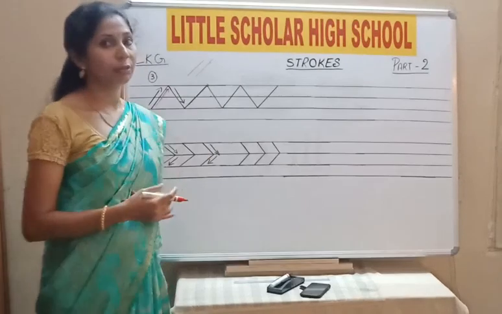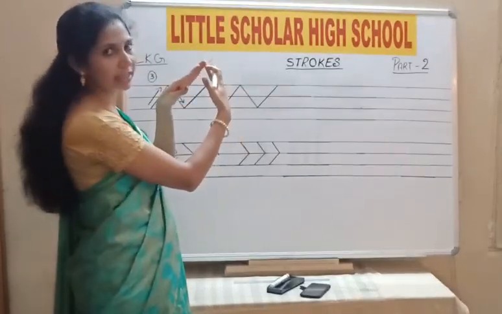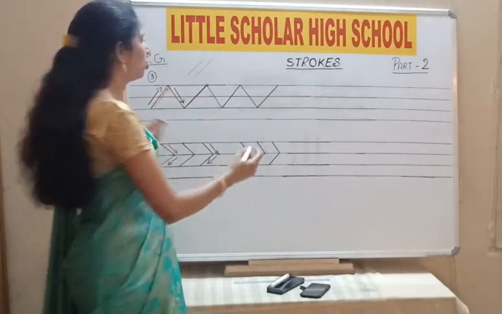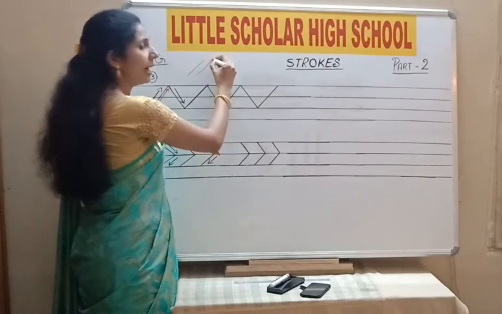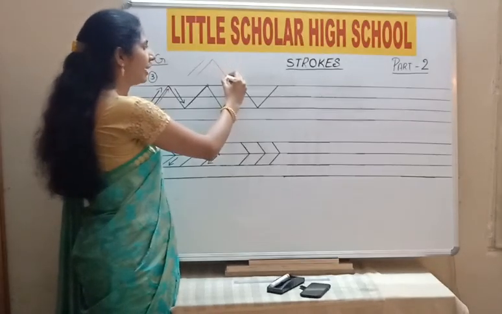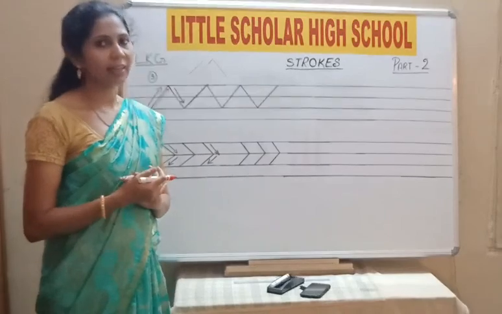You have all seen mountains, no? The mountains will be like this. The same way, this line also goes like this. From the down you go up, and then from up you come down again in a slanting way. This is called the slanting line.